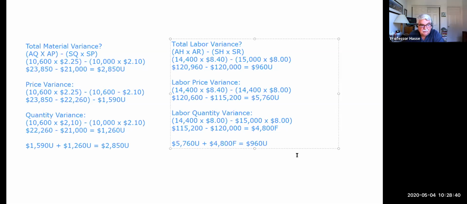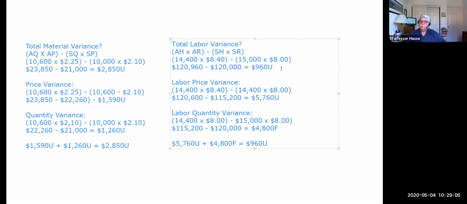Pretty good. What we determined is that we were unfavorable in both material and labor. In labor, we were incorrect in our labor rate, but we used less labor than we planned, so we had a favorable variance there. The combination of the two gives us that total labor variance.